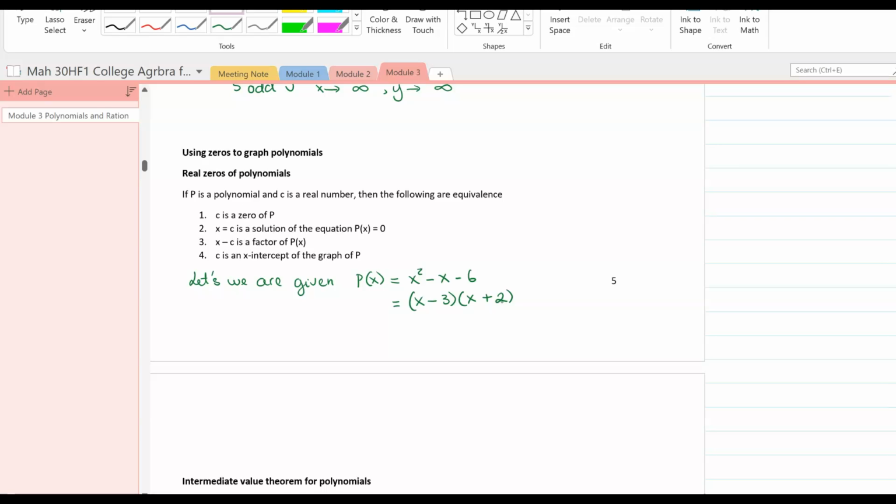Okay, so then p of x equals 0 when x minus 3 equals 0, so x equals 3, and x plus 2 equals 0, so x equals negative 2.